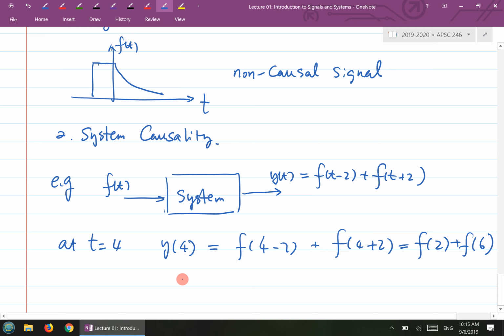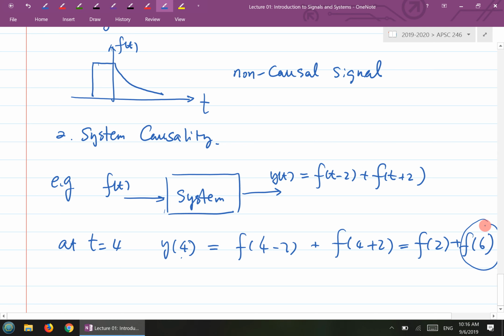So what's so abnormal here? Excellent. That's the keyword. Future. Here we're talking about t equal to 4. But the output here is looking at t equal to 6.